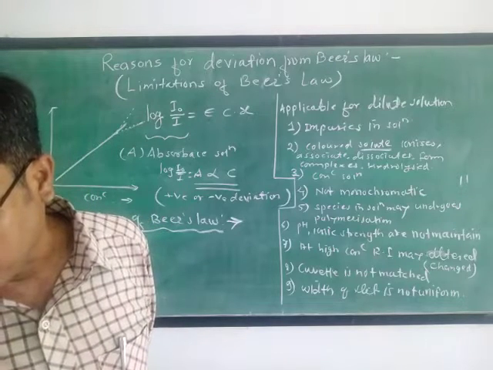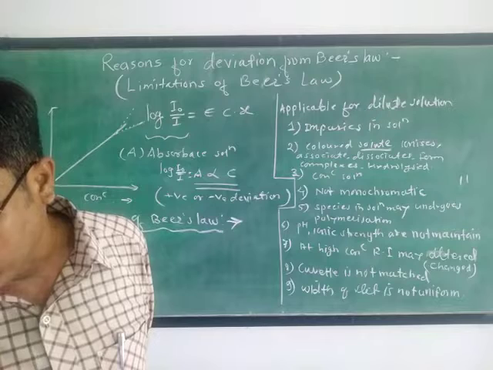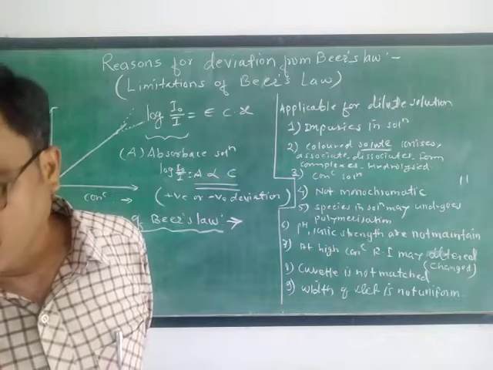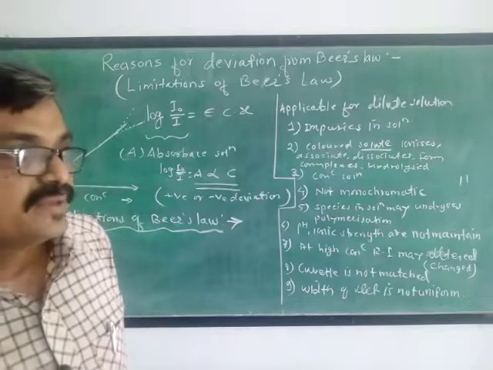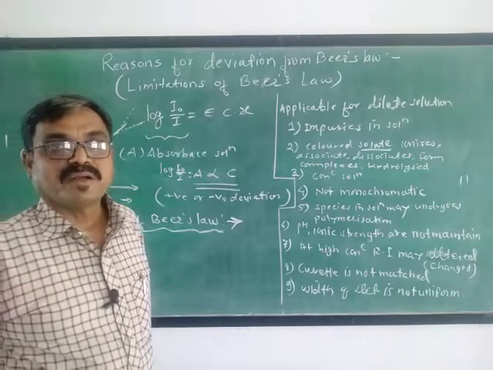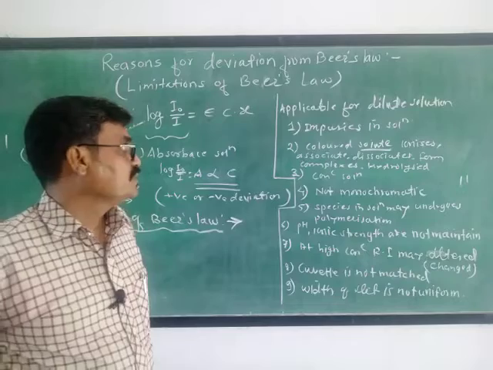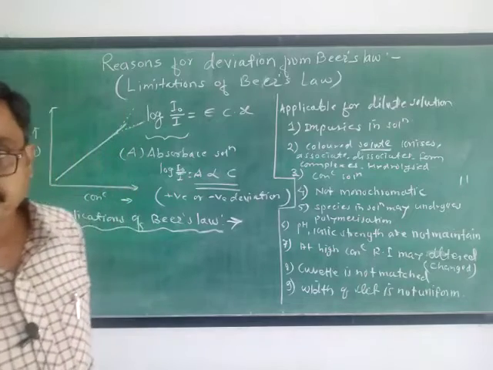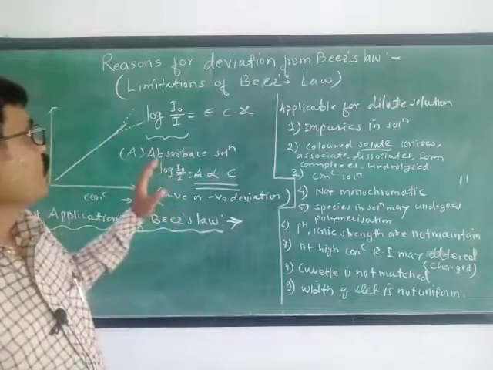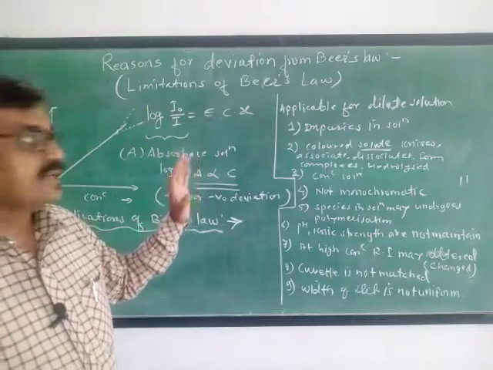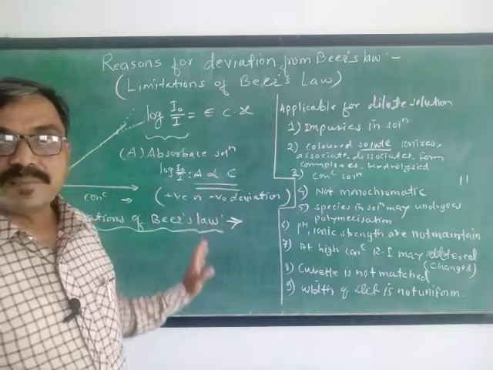And the last application of Beer's law is to measure the absorbance of a compound by using a spectrophotometer. In this way, these three are the important applications of Beer's law. In order to know these applications, we must know the reasons. Then and only then it is easy to remember the applications.